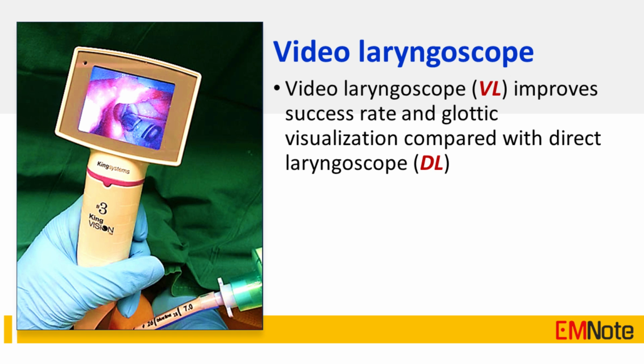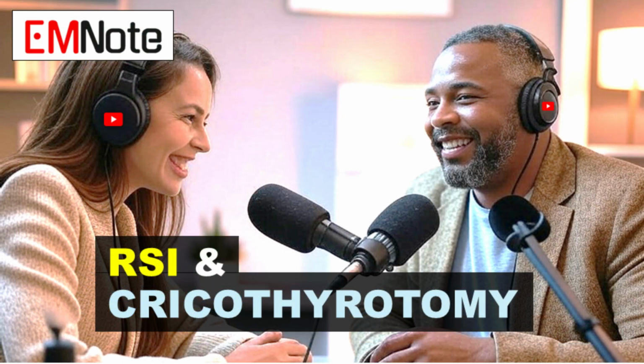These devices provide a clearer view of the airway during intubation, which can improve first-attempt success rates and reduce complications. So that's really helpful in cases where direct visualization of the vocal cords might be difficult. Exactly. Video laryngoscopes have been shown to be particularly helpful in patients with difficult airway anatomy or in situations where traditional laryngoscopy is challenging. Are there any other notable innovations in emergency airway management?